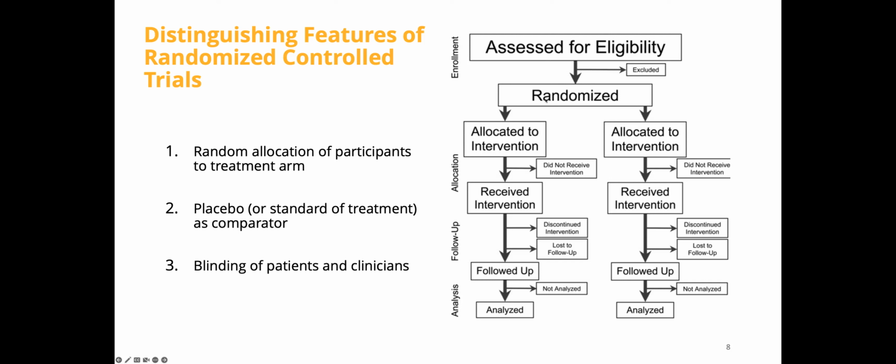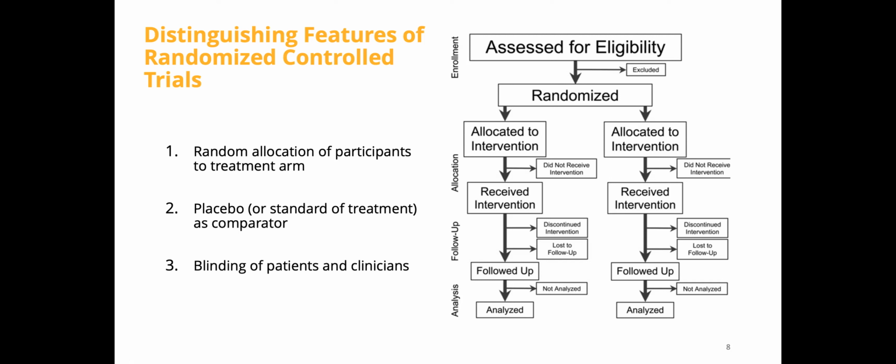We're going to randomize them to one group or another, and then one group receives the intervention, and one group is allocated to another intervention, they receive another intervention. So this could be the placebo group, and then both groups are followed forward in time in order to see whether or not they've experienced the outcome of interest, and then the two groups are analyzed. So that's one of the first and most important distinguishing features of a randomized controlled trial.